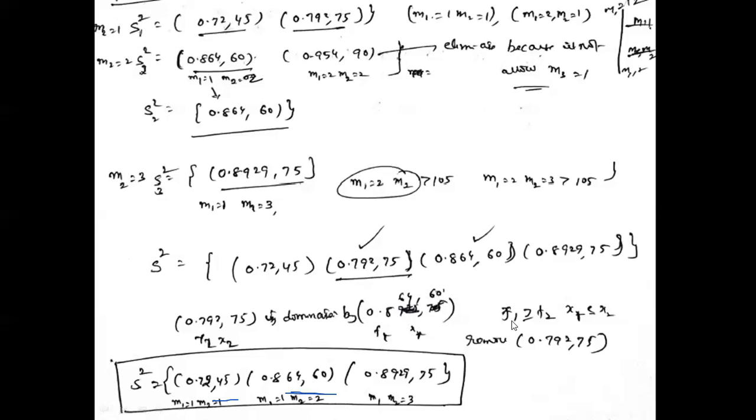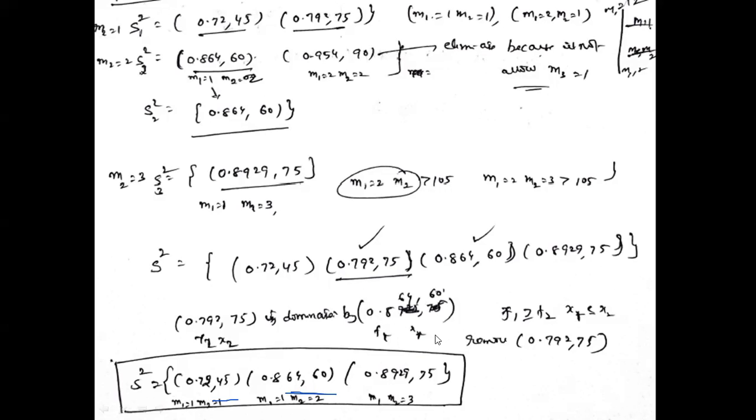Applying the domain rules, F1 greater than or equal to F2 and X1 less than X2, that is 75 less than 60. 0.79 is greater than or equal to 0.860, so eliminate the dominated tuple 0.869 comma 60.